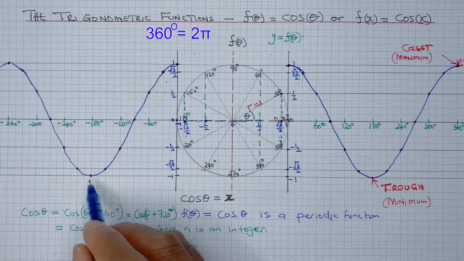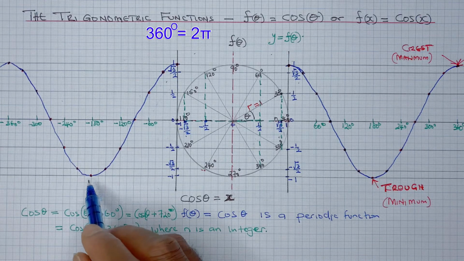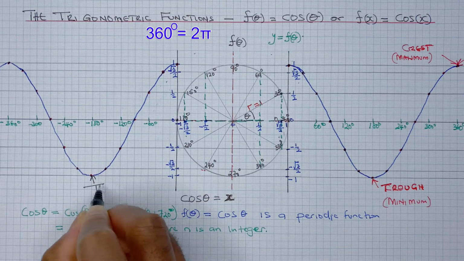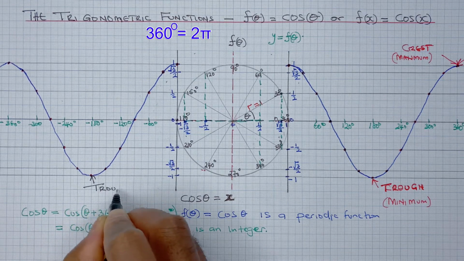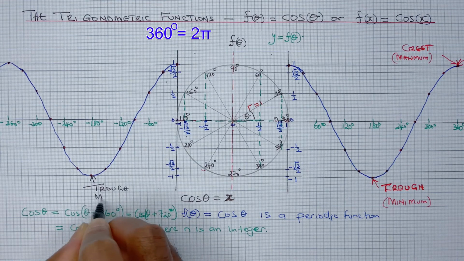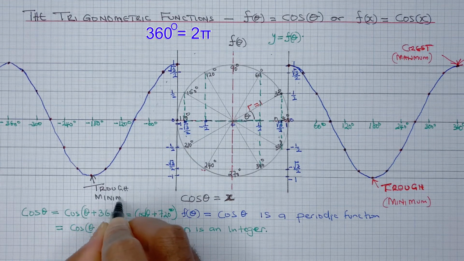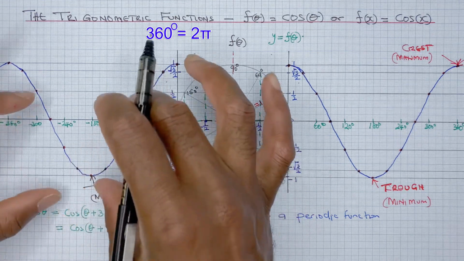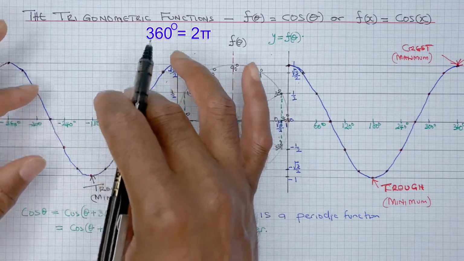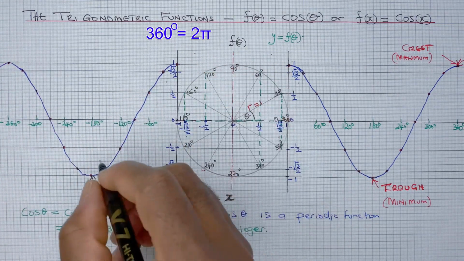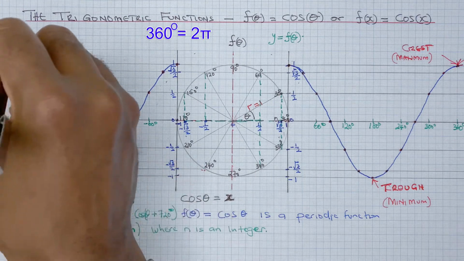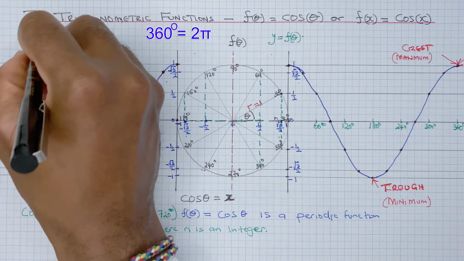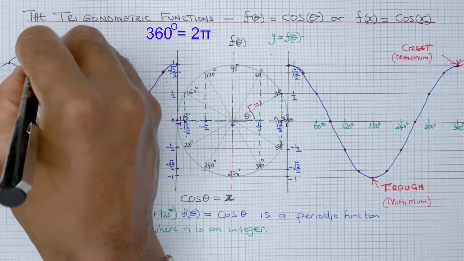There we go. Again, we've got a trough here. That's a trough, or you can call that a minimum. If you do physics, it's a trough, or we call it minimum in maths. So that looks like a quadratic graph from there, not the whole thing, but here is the minimum, and that's the crest, or maximum.